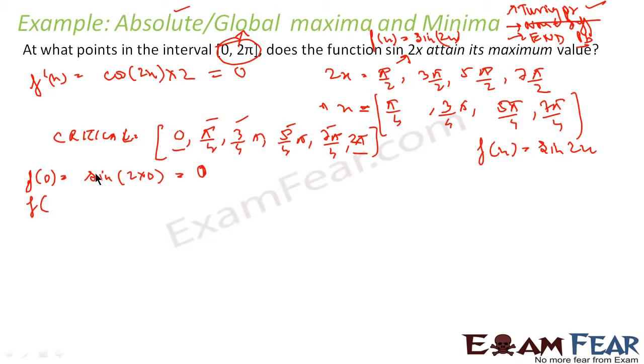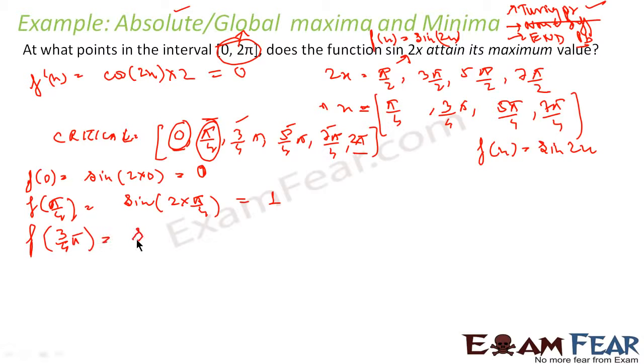Next, f of pi by 4 is sine of 2 into pi by 4, that is sine pi by 2, which is 1. Next is f of 3 by 4 pi, which is sine of 3 by 2 pi, that is minus 1.